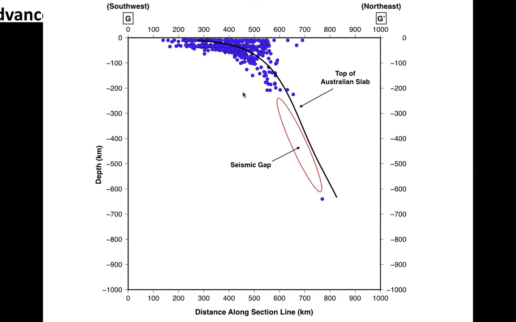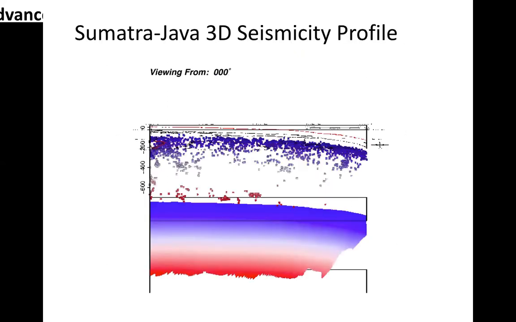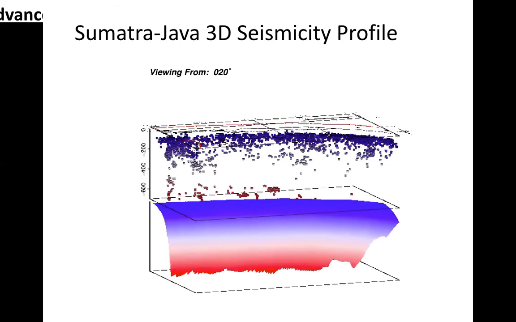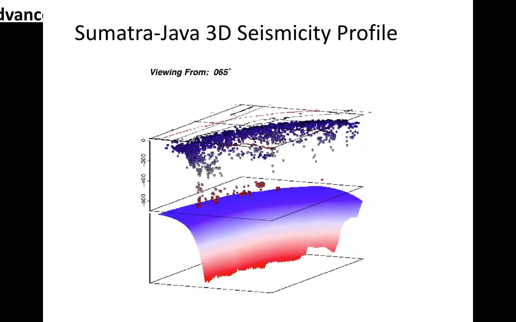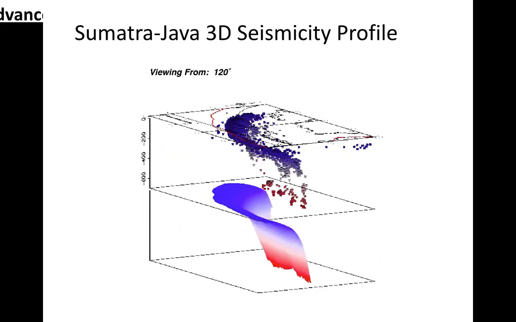But also in this location, as we start moving into Sumatra, convergence between the Indo-Australian plate and the Sunda plate becomes increasingly more oblique, which we will begin to see more later. If we view this section in 3D, once again the subduction geometry is fairly simple.